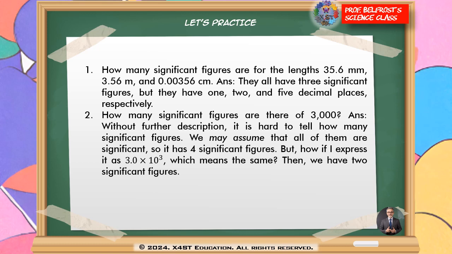Then it has three significant figures. So this is not clear. How many significant figures? I don't know. But maybe you'll never find this condition, because I just want to remind you that significant figures are very important in measurement. So don't play with it.